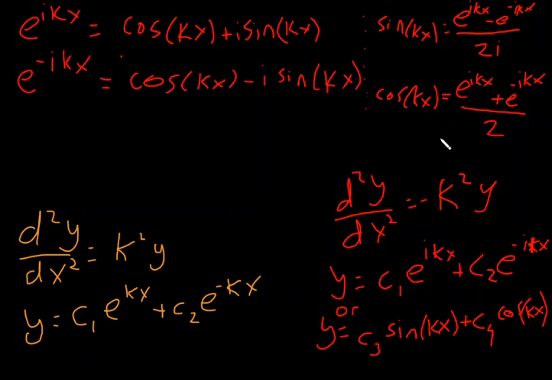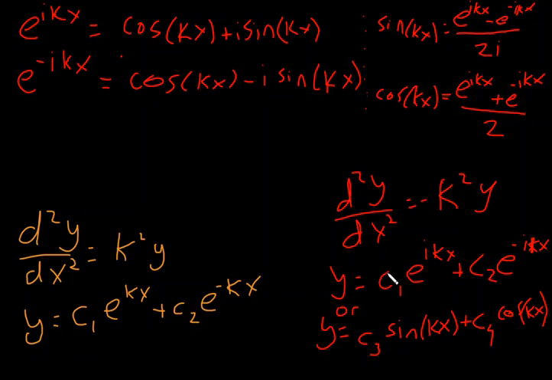So if you take the general form c1 e to the ikx plus c2 e to the negative ikx and plug these in, you'll see that you can write it as a sum of sines and cosines, as long as you allow C3 and C4 to be imaginary, or complex.